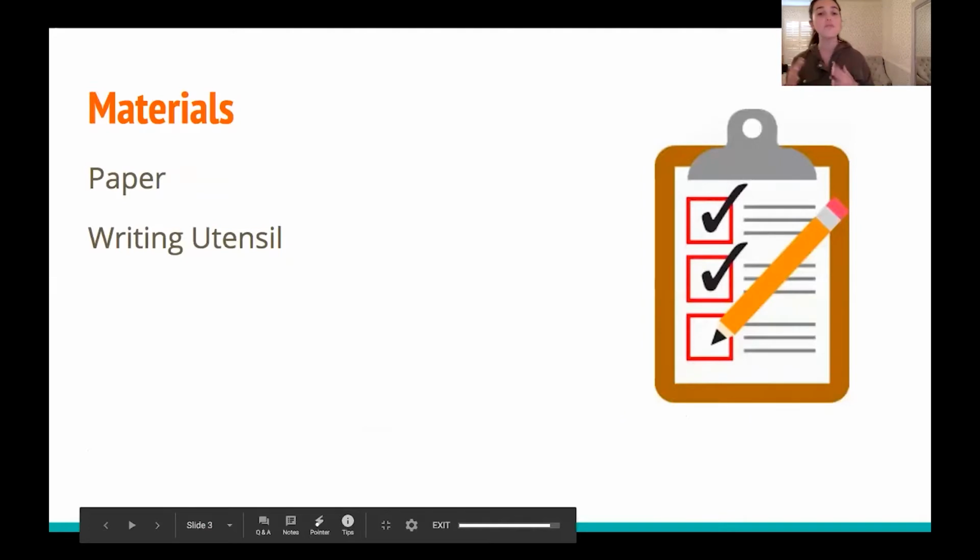Materials are what you might need in order to follow along with this lesson. So the first thing that I highly recommend is grabbing some paper. It can be any kind of paper that you have. I like to use blank paper, but if you only have lined paper or graph paper, that is okay. And of course, writing utensil. Preferably, if you could grab more than one, that would be awesome. Have some different colors.